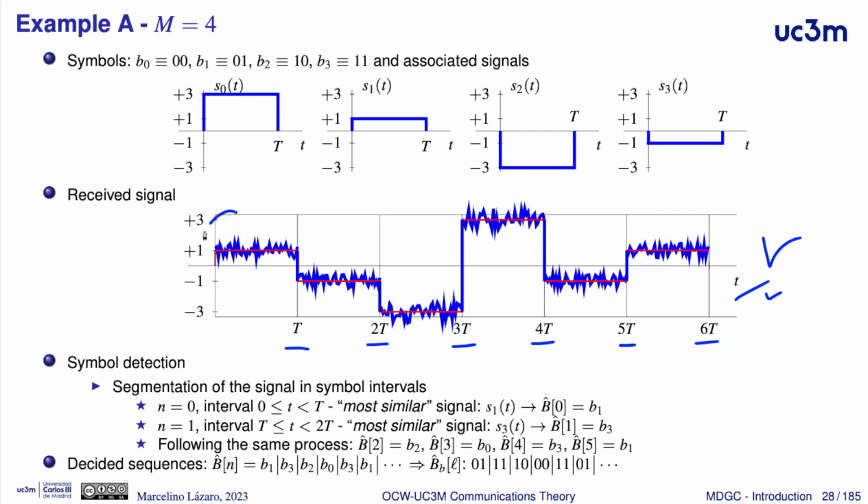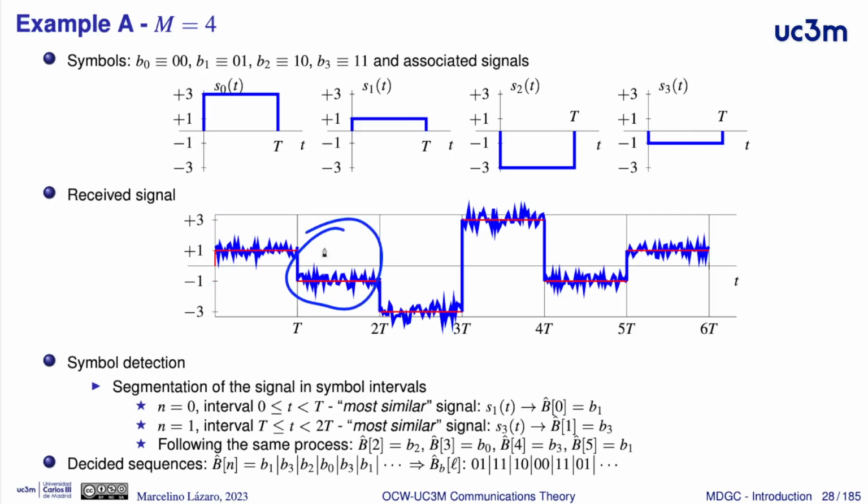If we start with the first symbol interval, the signal in this interval is compared with the 4 possible transmitted signals, S0, S1, S2, and S3. In this case, the most similar one looks to be S1. This means that the estimate of the first symbol is the symbol B1.